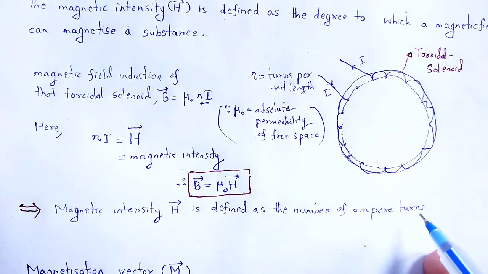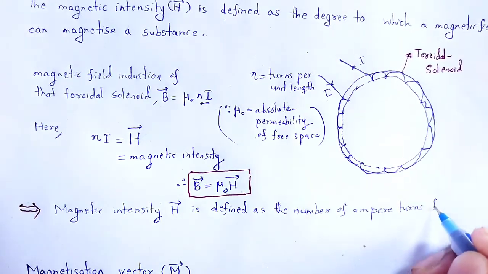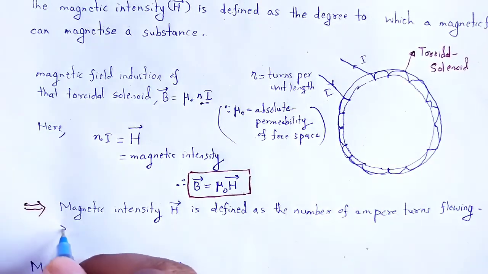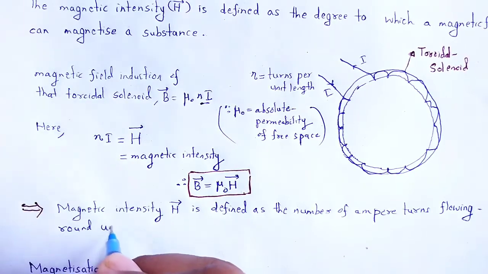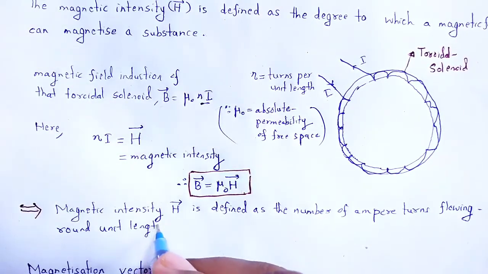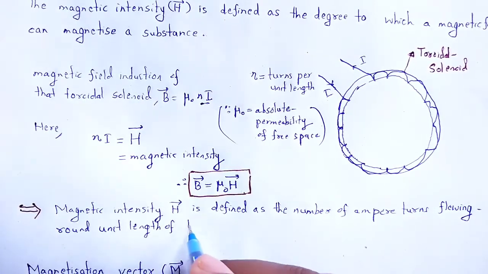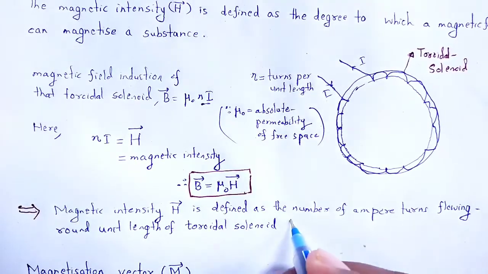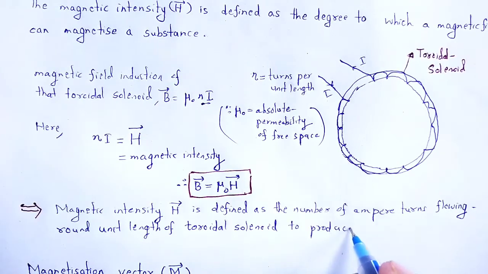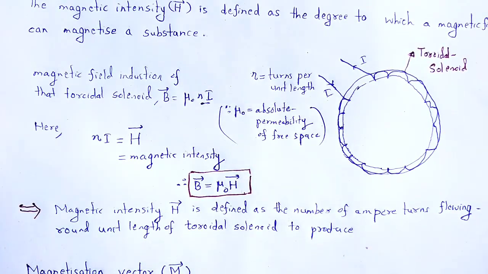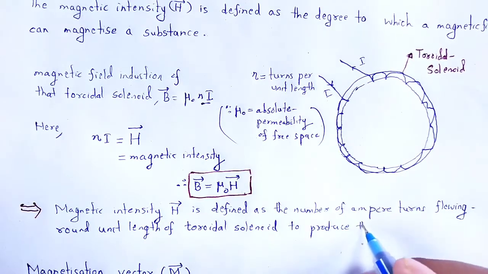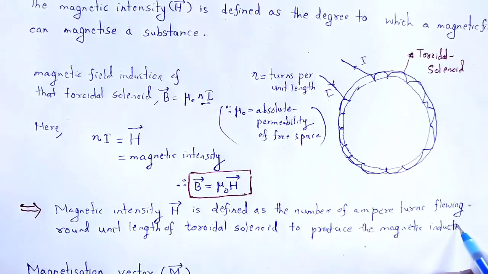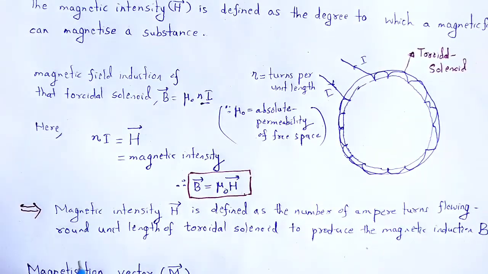So the number of ampere turns flowing round unit length of the toroidal solenoid to produce the magnetic induction B in the solenoid.